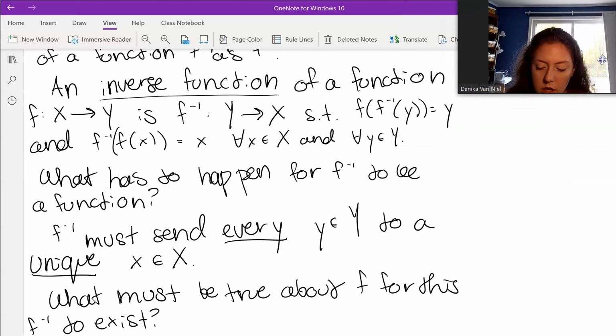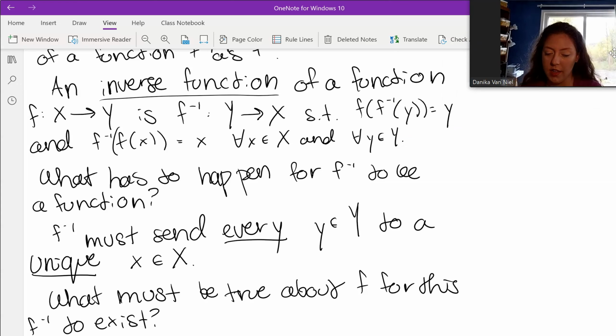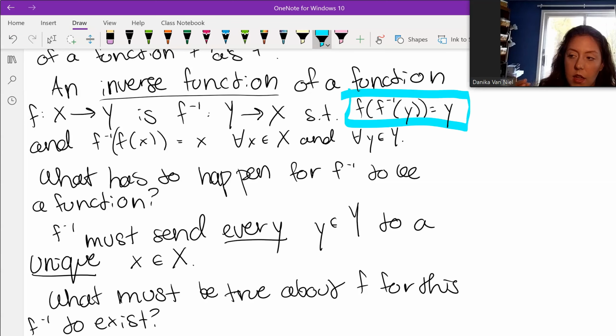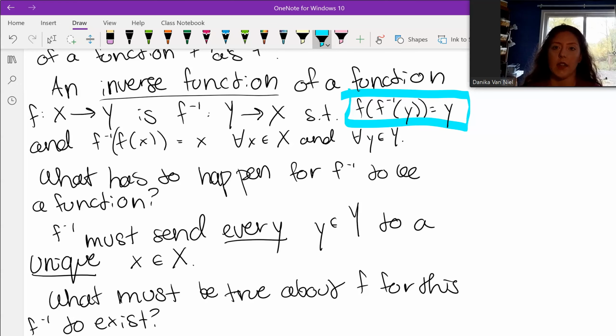So if we look over here at maybe this part, so what happens if f doesn't hit everyone? So let's say f is not surjective. Okay, so not every single y gets hit by an element in x by f.